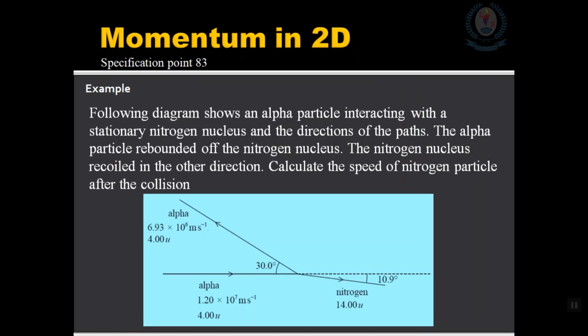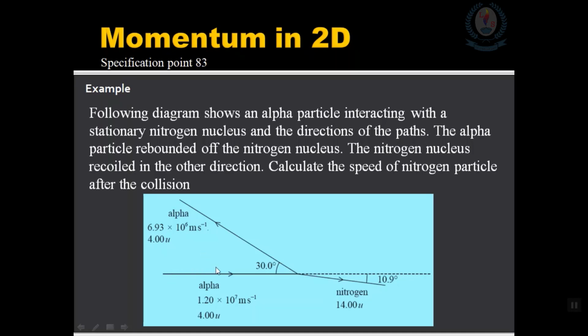It is about an alpha particle interacting with a stationary nitrogen. Earlier, with the interaction, I was just talking to you about how to apply conservation. Now I will tell you graphically, diagrammatically, how to conserve momentum and how to resolve momentum. The following diagram shows an alpha particle interacting with a stationary nitrogen nucleus.